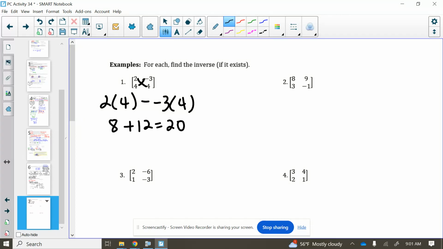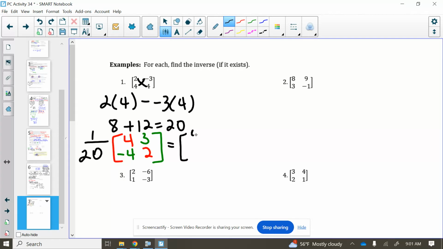So yes, this inverse is going to exist. What we're going to do is take 1 over 20, the value of the determinant, and then we're going to switch. A and D switch spots, 2 and 4 now switch spots. B and C are going to switch signs, so negative 3 becomes positive 3, positive 4 becomes negative 4. And then you just distribute that scalar to each piece.